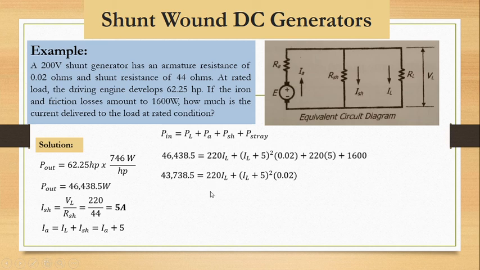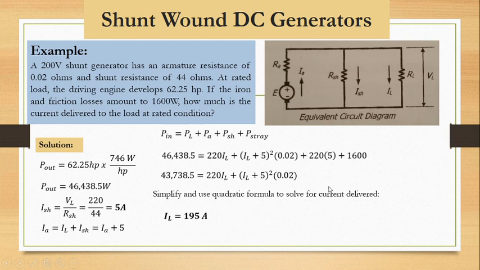So we have 220 IL plus (IL plus 5) to the power of 2 times 0.02. Simplify this equation and then use the quadratic formula to solve for the current delivered. We get IL equal to 195 amperes.